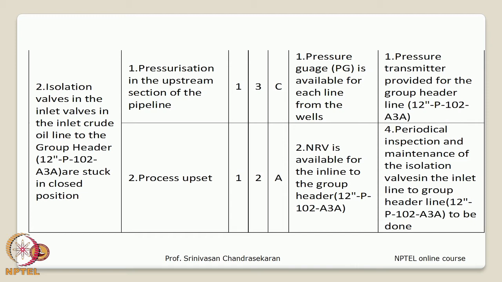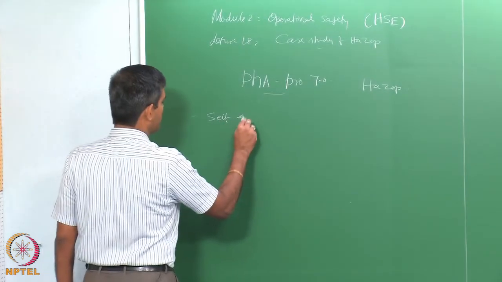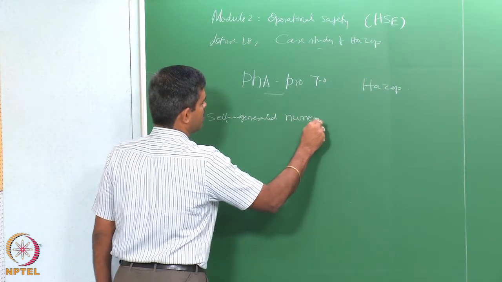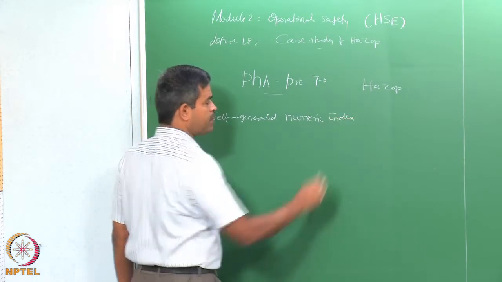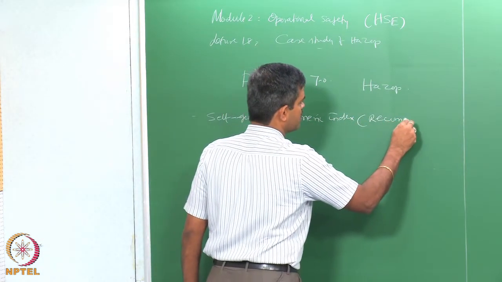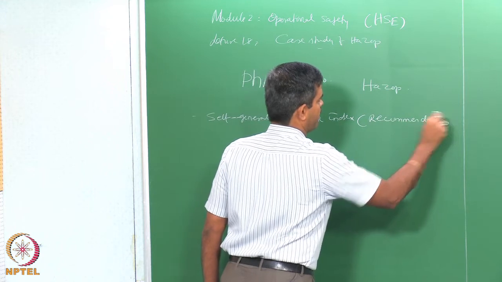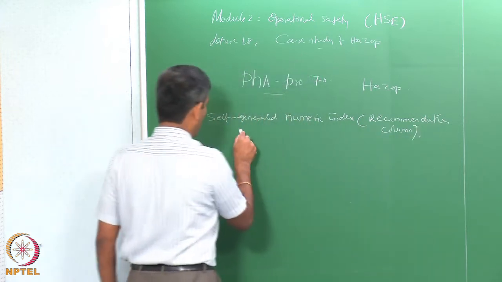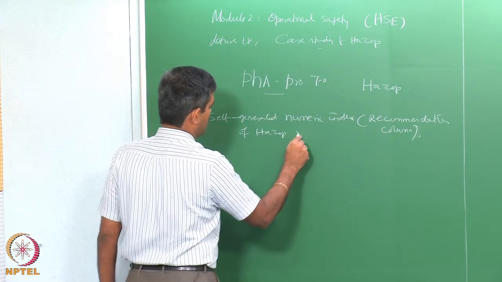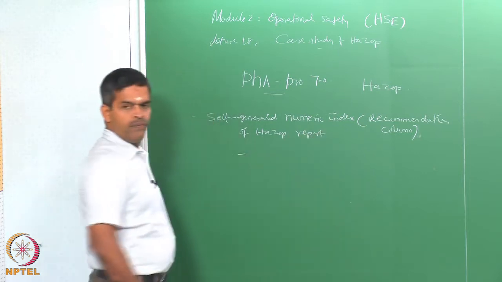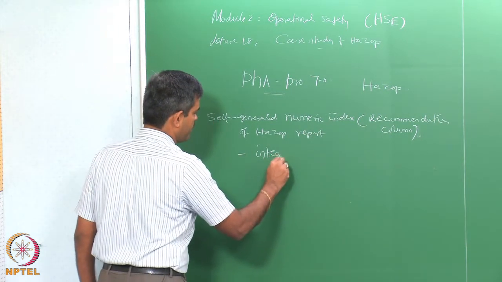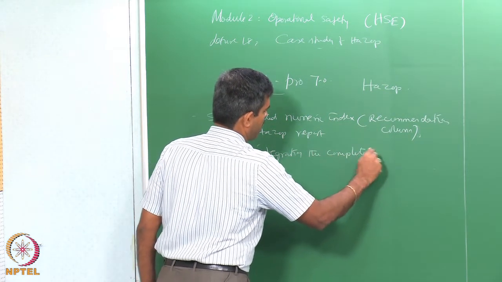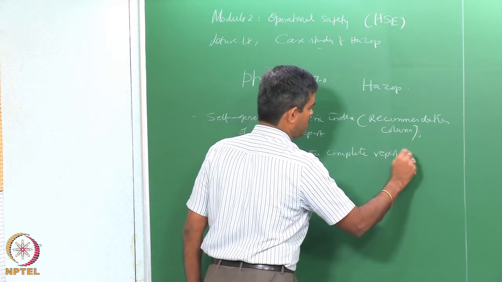This will improve clarity. Therefore, a self-generated numeric index, in particular in the recommendation column of the HAZOP report, is useful in integrating the complete report to summarize.